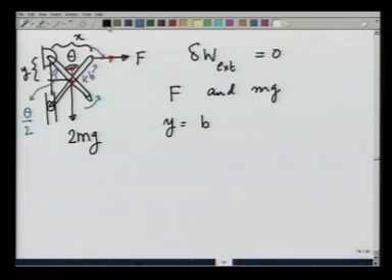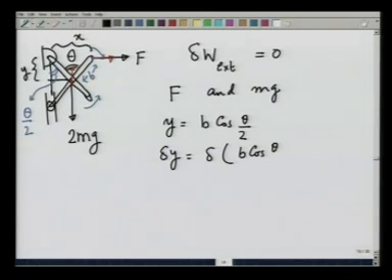So, y is b cosine of theta by 2. If I change theta slightly, delta y is going to be delta of b cosine of theta by 2, and that is going to be b over 2 sine of theta by 2 delta theta. This is the virtual displacement of the center point if I change angle to theta plus delta theta.